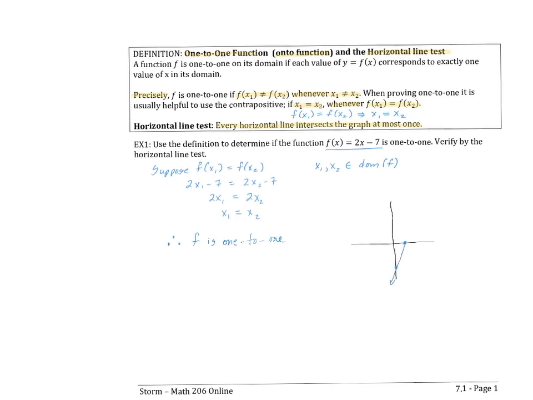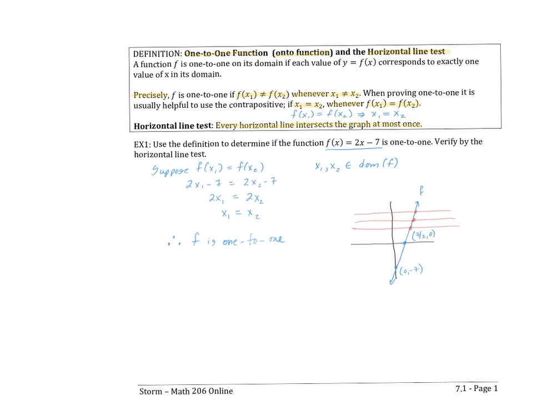So if I draw my line, okay, and this is my function f, it passes through 7 halves, 0, and 0, negative 7. Okay, so remember, it will pass the horizontal line test if every horizontal line passes through at most one point. And I can clearly see that any horizontal line I draw will pass through at most one point.